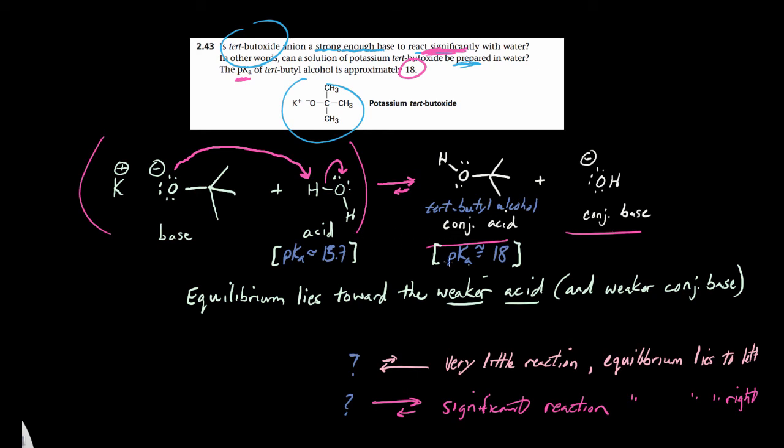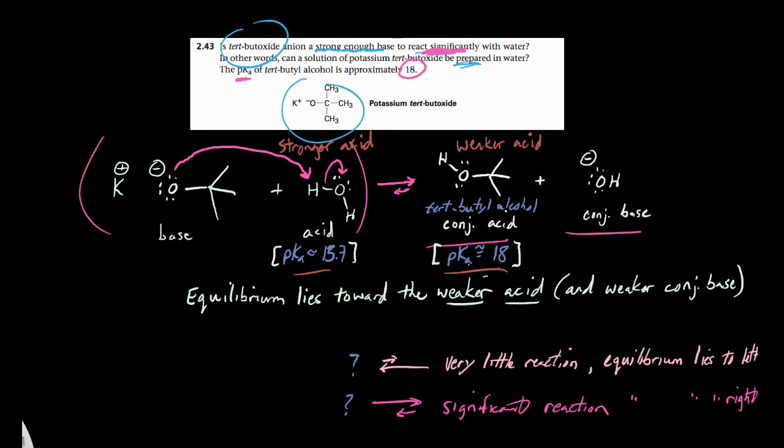So this is the weaker acid, and this is the stronger acid, because of the difference in pKa, 18 versus 15.7.